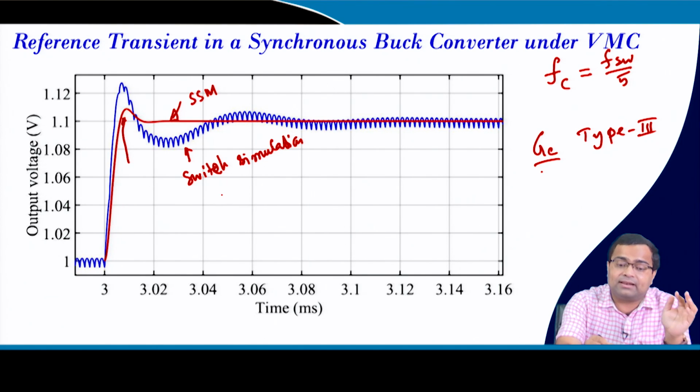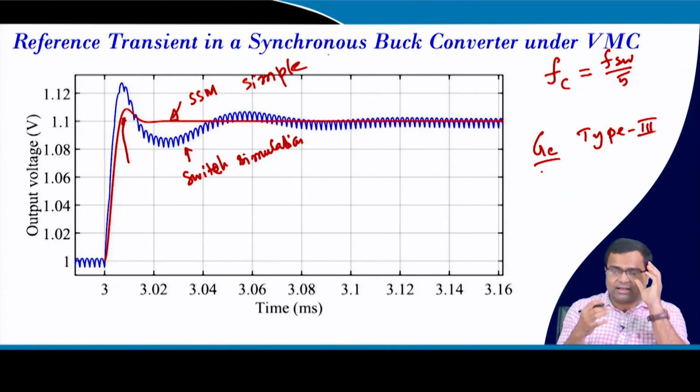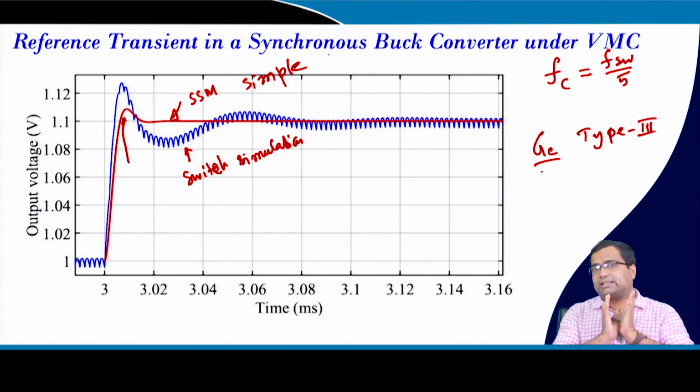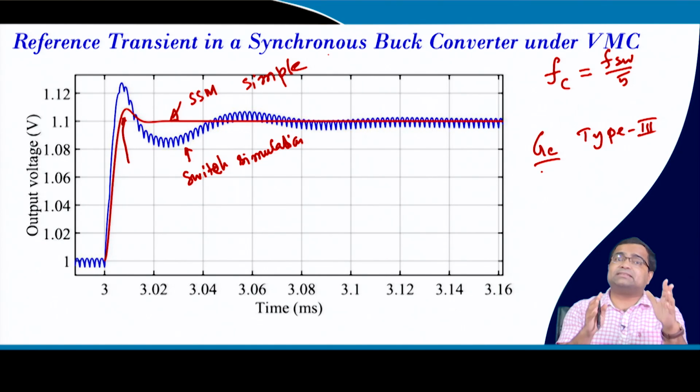Though this model is simple, and I will show you it is simple, it is not effective when you want to improve the performance. That motivates us: if you want to do modeling, you can start with a very simple model that is reasonable, and design the controller up to certain performance, but if you want to achieve faster performance, you should not say that I cannot design, because then we should look for an alternative model, because a switching converter is capable of providing a much faster response than what can be achieved using a linear model.